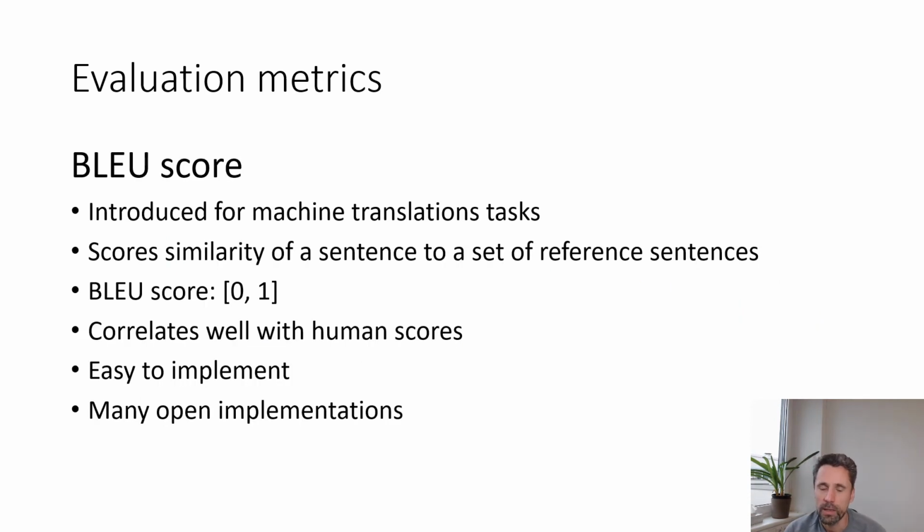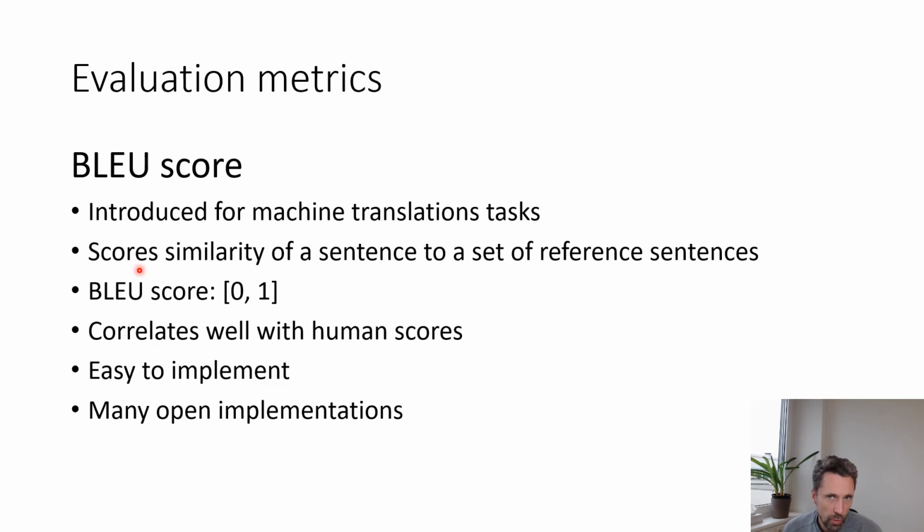So the next best thing you can implement is the so-called BLEU score. It was introduced in, I think, 2002 for testing the performance of machine translation models. It scores the similarity of a given machine translation to a set of reference sentences.